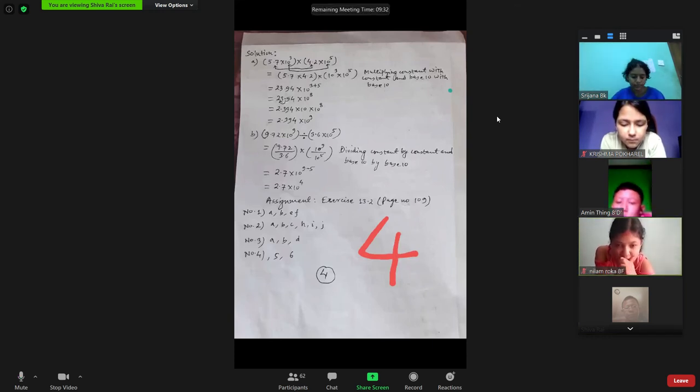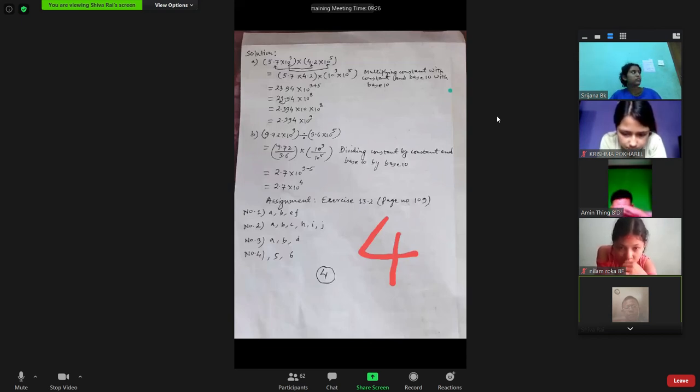Also their formulas: a square minus b square, a plus b whole square, a minus b whole square, a plus b whole cube, a minus b whole cube, a cube plus b cube, a cube minus b cube. Prepare well, everyone.